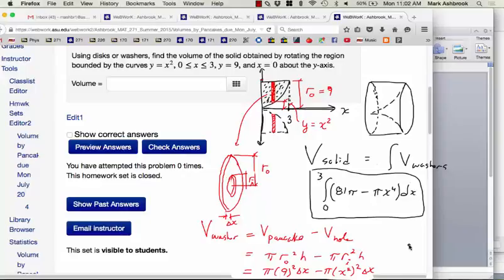So it's the region between x cubed and the square root of x, rotated about the y-axis. So between y equals x cubed and y equals square root of x, the region between those two curves rotated about the y-axis. I want the volume of the resulting solid when you rotate. I'll write it up.